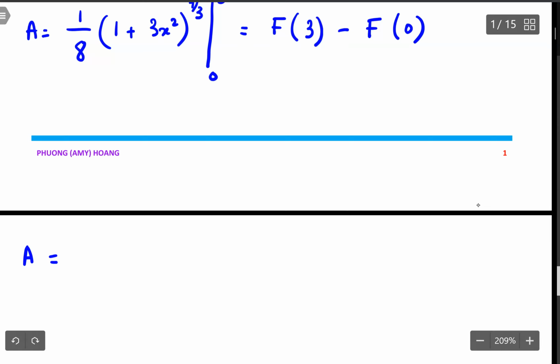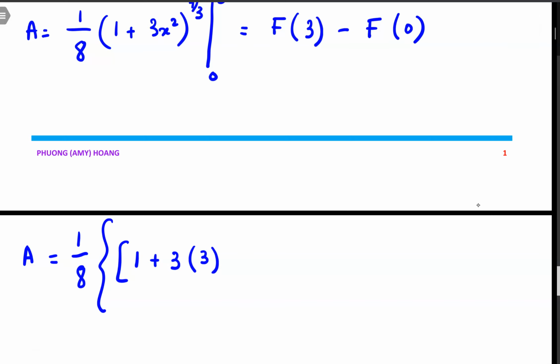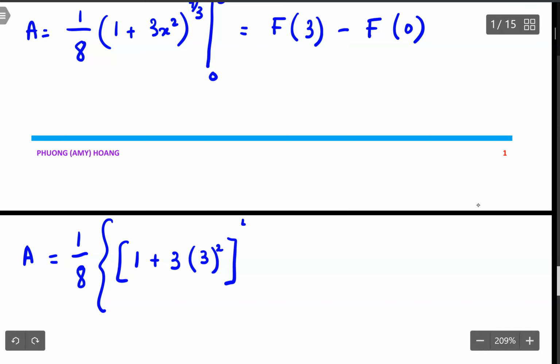So A is equal to 1 over 8, and I will multiply by everything that I evaluate inside this bracket. I will have 1 plus 3 times 3 squared, because the upper limit is 3, and I will raise all of this to the exponent 4/3. This is my F of 3.